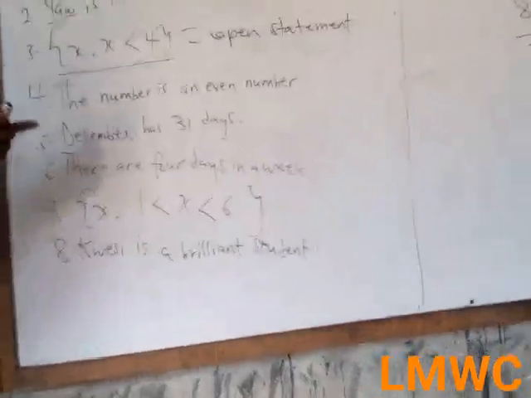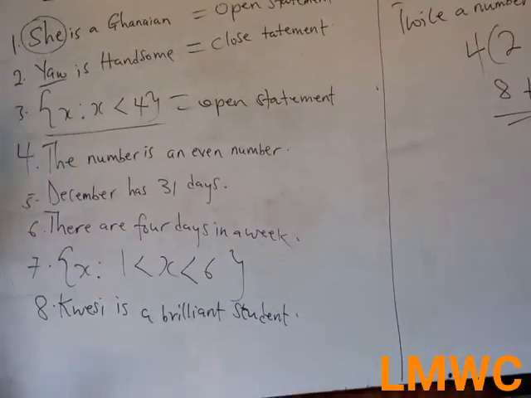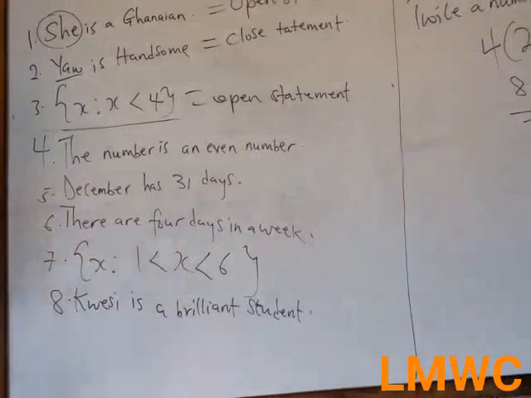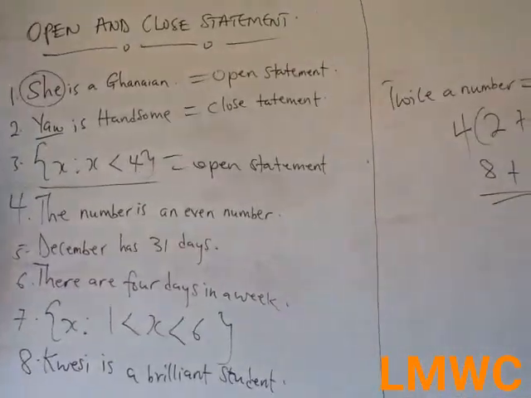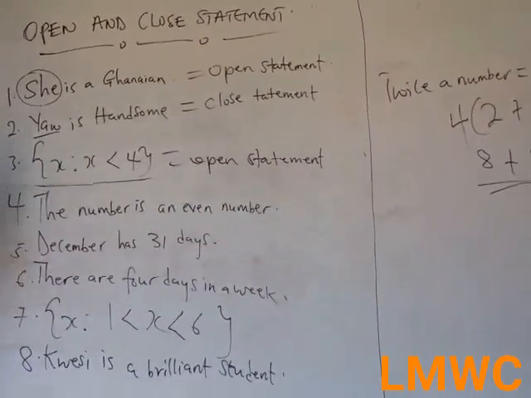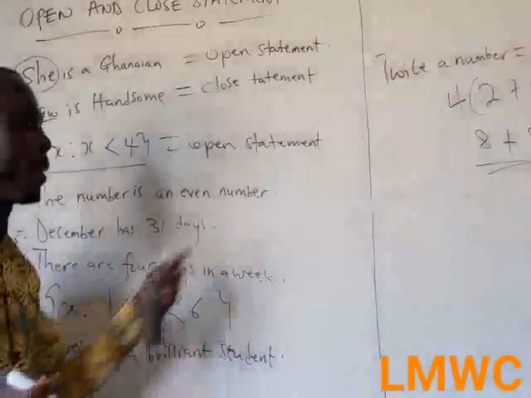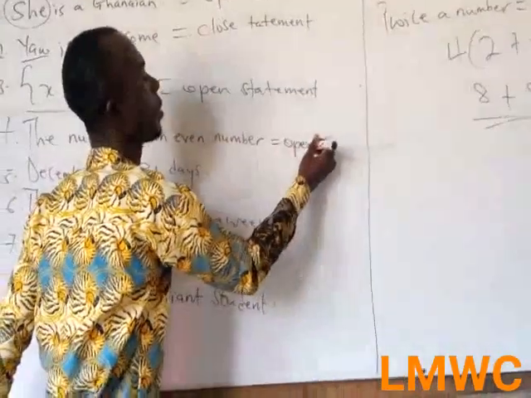4. The number is an even number. We have many even numbers. 2 is an even number, 4 is an even number, 6 is an even number, 8 is an even number, 10 is an even number, 12 too. The number is an even number. This is not specific, so it's an open statement.